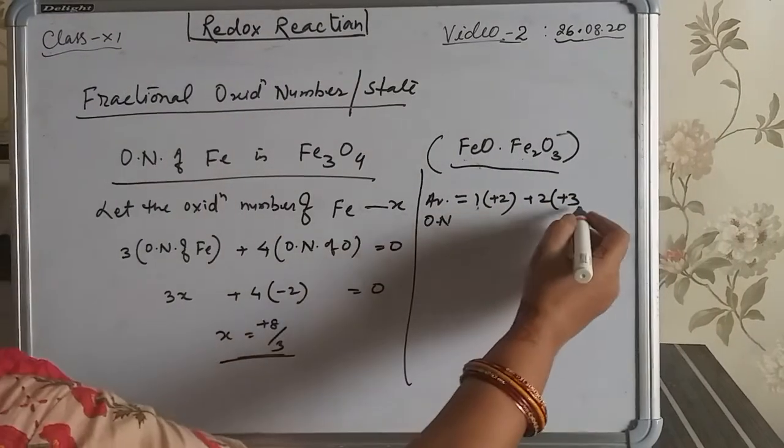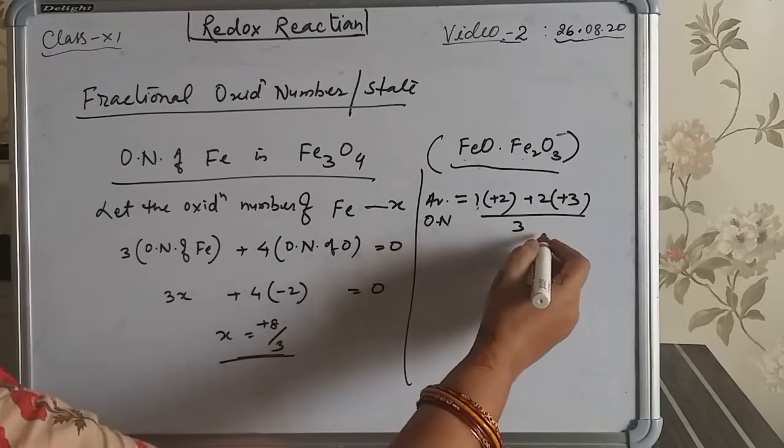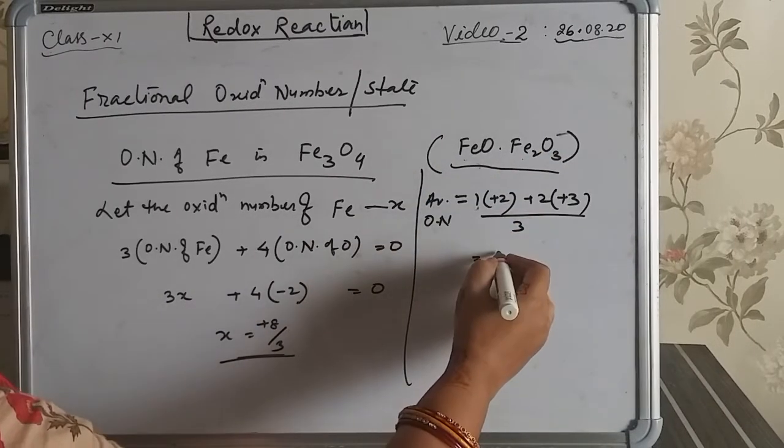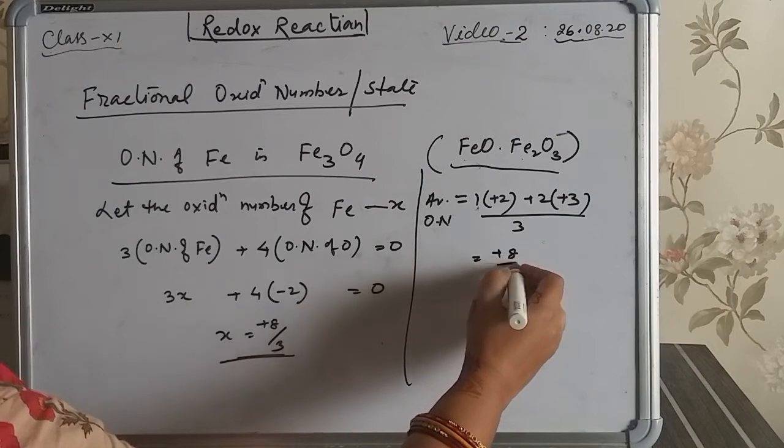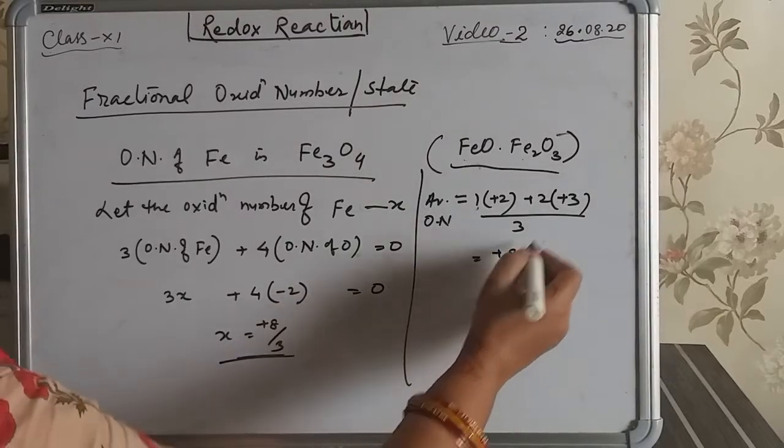By calculating, with oxygen being 3, this comes to plus 8 by 3 simply.